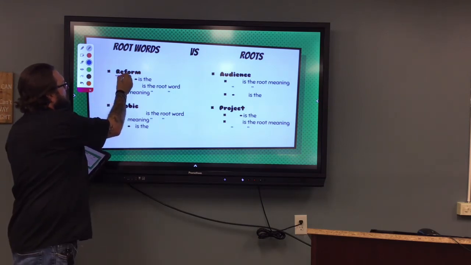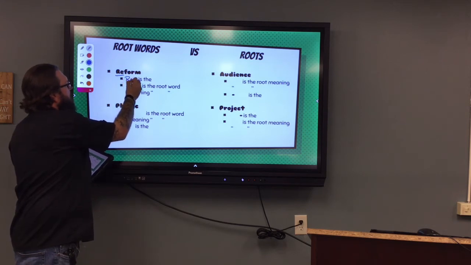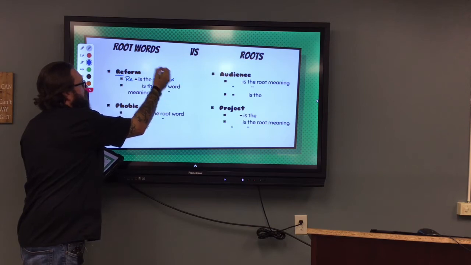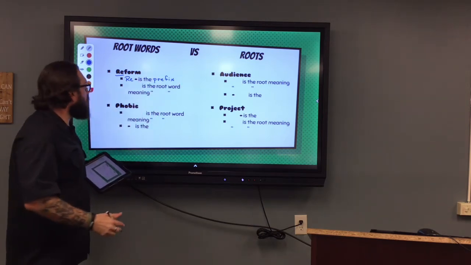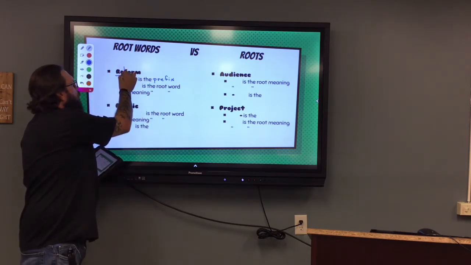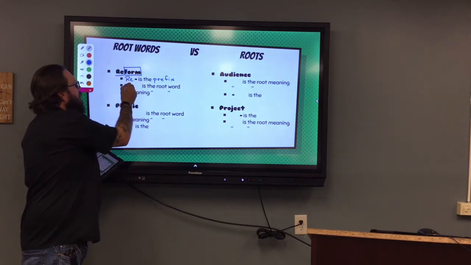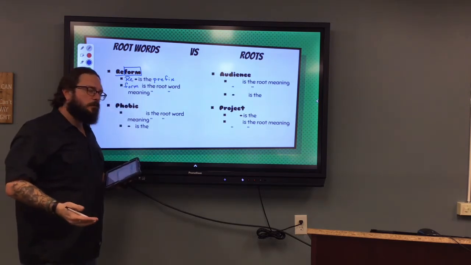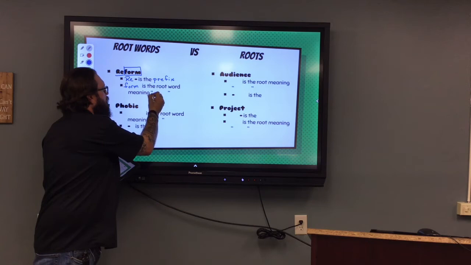Our prefix is re, since it comes at the beginning of the word, and our root word is form. Form is a word that can stand alone, and it means shape.